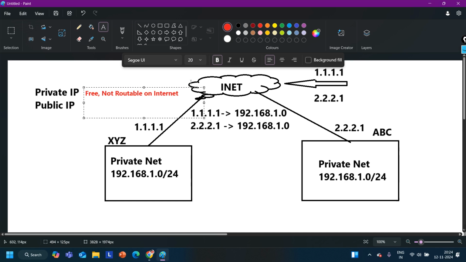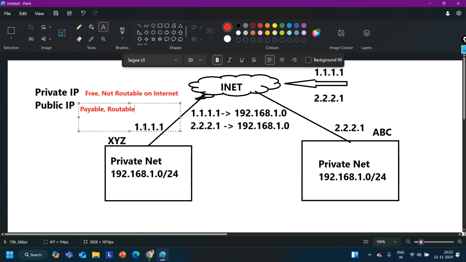Private IP addresses are not allowed on the internet. There is filtering configured on the ISP interface that blocks private IP addresses, right? Routable IPs on the internet are public IP addresses, and they are payable and routable.